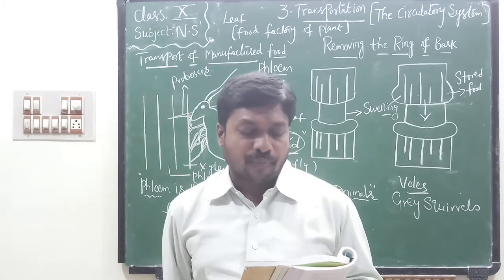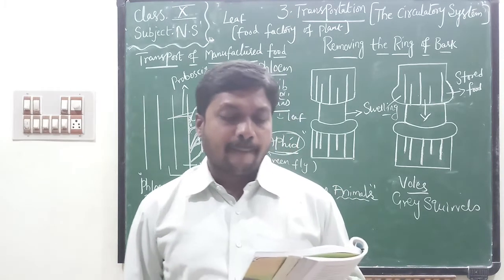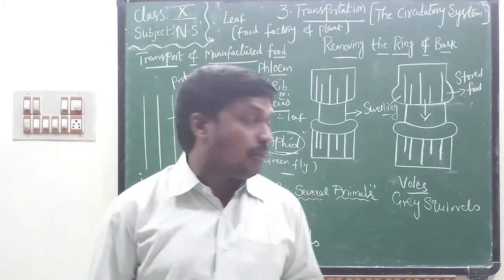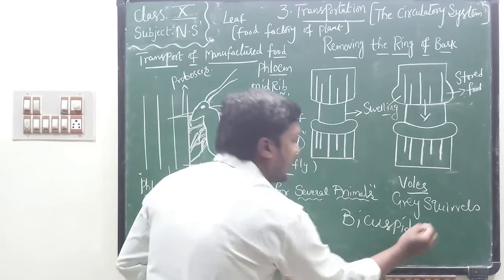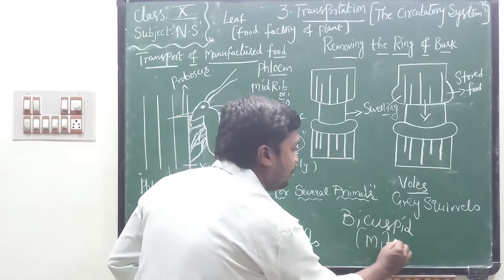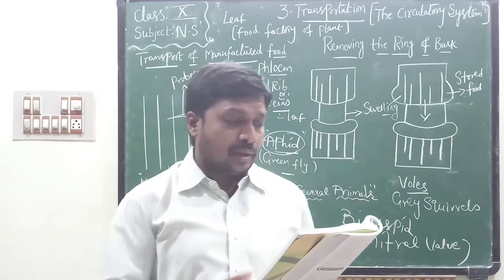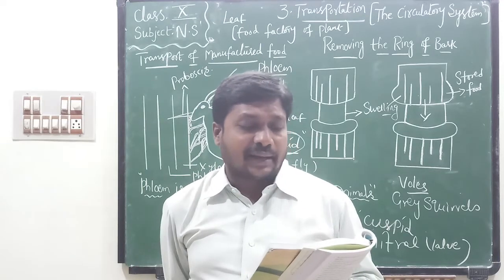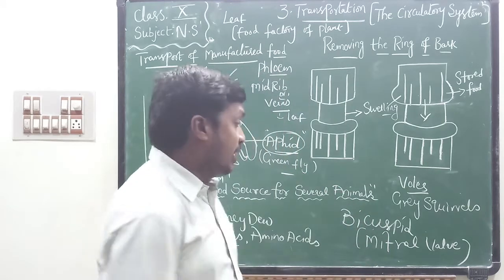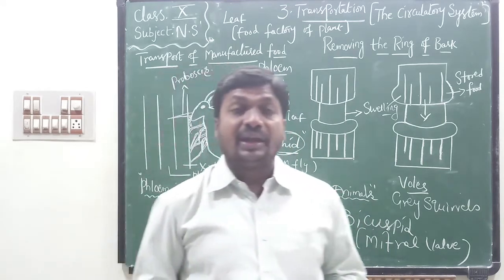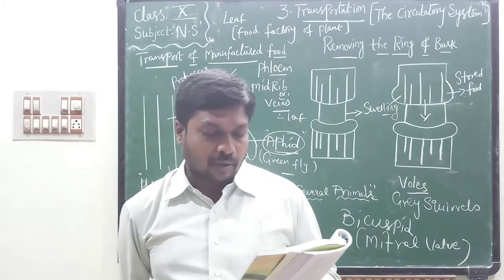Now F. The valve between the left atrium and left ventricle is the bicuspid valve, within brackets mitral valve. G, small g. The valve between the right atrium and right ventricle is the tricuspid valve.